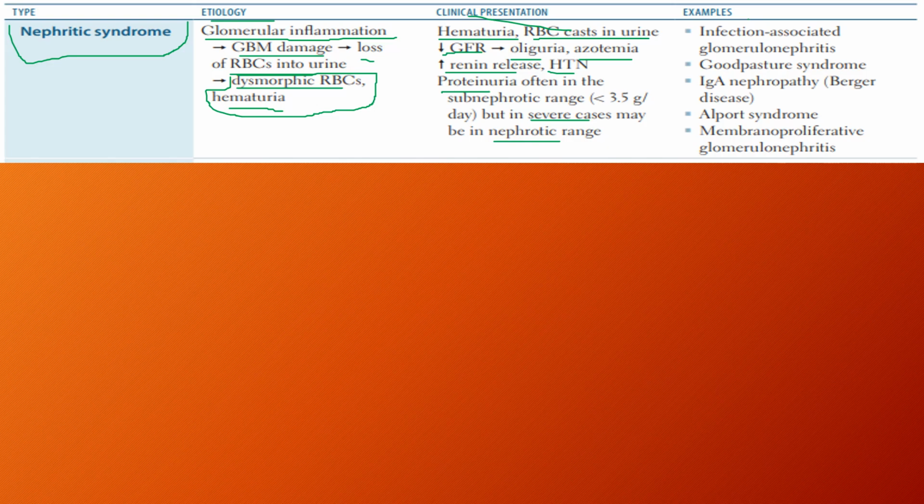Its examples are infection-associated glomerulonephritis, Goodpasture syndrome, IgA nephropathy, which is also known as Berger disease, Alport syndrome, and membranoproliferative glomerulonephritis.